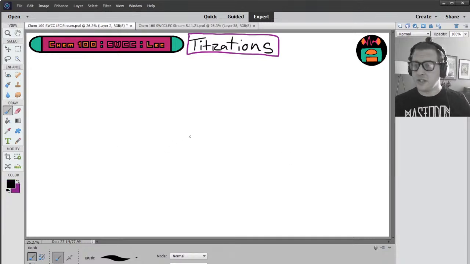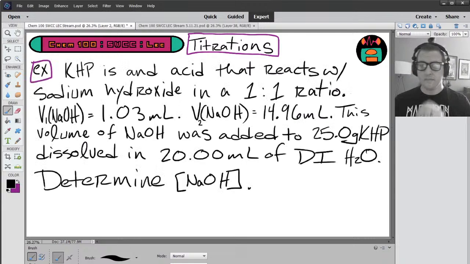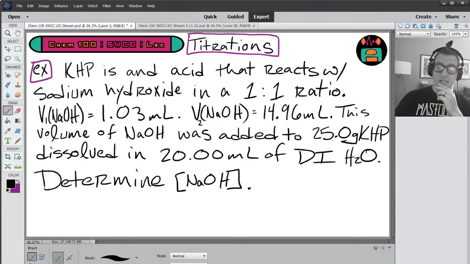But first, let's go ahead and do the example that we left off with on Tuesday. So first, KHP is an acid. We'll be talking a little bit more about KHP in a moment. It reacts with sodium hydroxide in a 1-to-1 ratio. Our initial volume of sodium hydroxide is 1.03 milliliters.